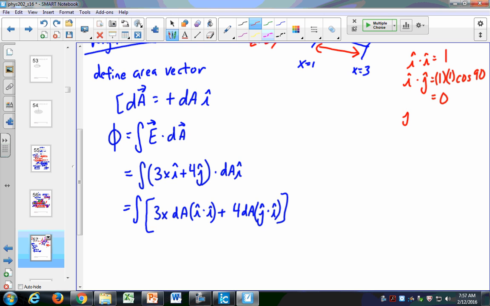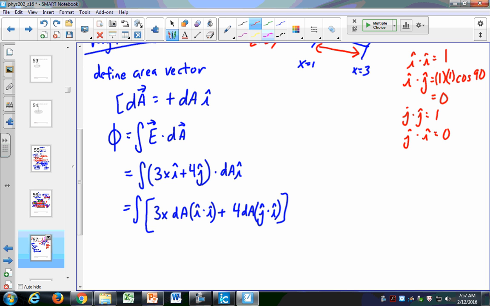The same is true that j dot j is equal to 1, j dot i is equal to 0 for the same reason. And likewise, k dot k is equal to 1, i dot k is equal to 0, j dot k is equal to 0. So basically, with dot product, anytime you have two similar vectors, i with i, j with j, k with k, those are all going to equal 1.